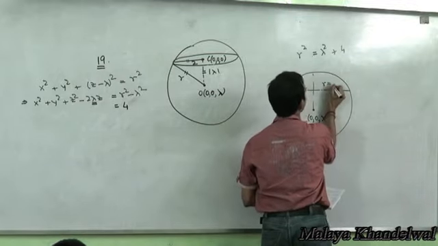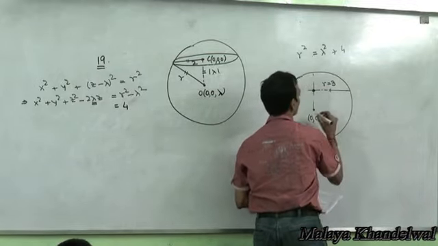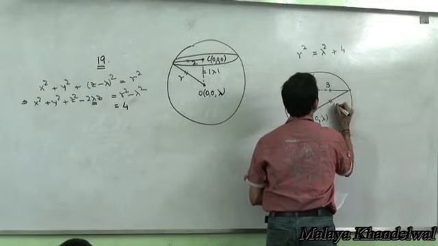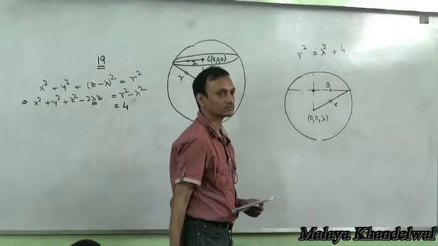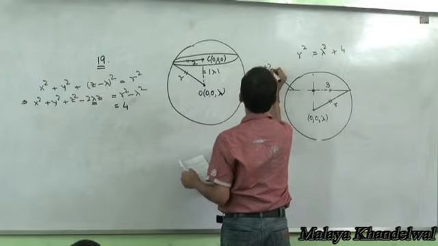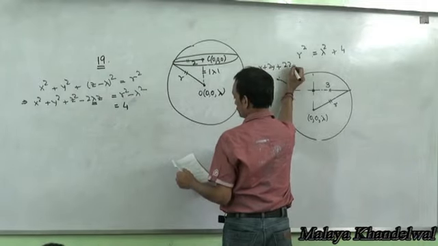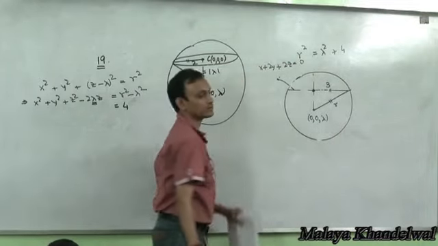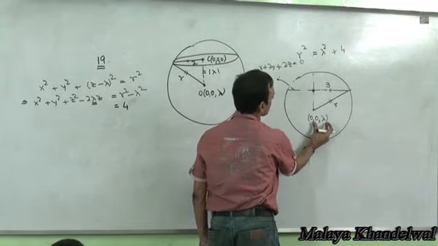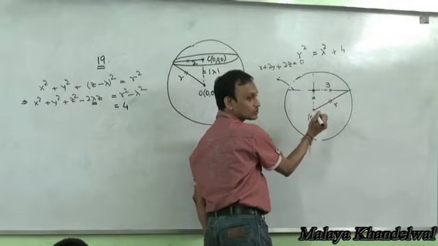This is radius 3. This is small r, right? And this plane is x plus 2y plus 2z equal to 0. Is this plane, right? So the perpendicular distance, this distance, is known to us.